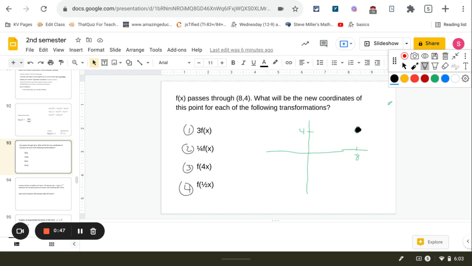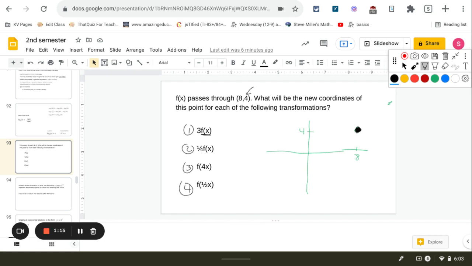Okay, so to figure this out, the first two are kind of simple because the 3 times f of x is always going to behave pretty regular. Remember, f of x just represents your y values. So what I'm doing in this first case is I'm just multiplying the y value by 3. This 4 right here, I'm just scaling it up by 3.